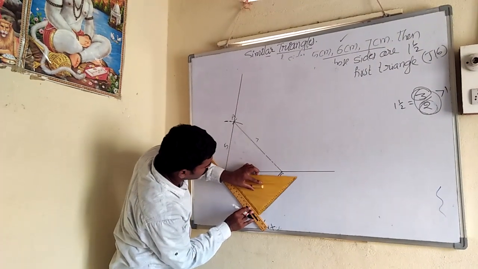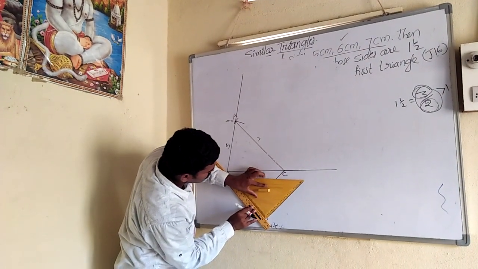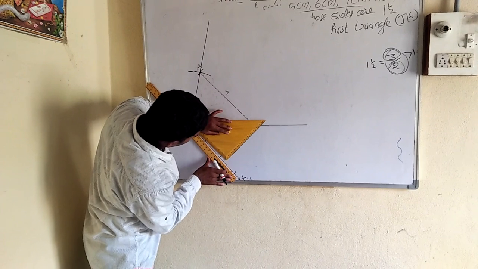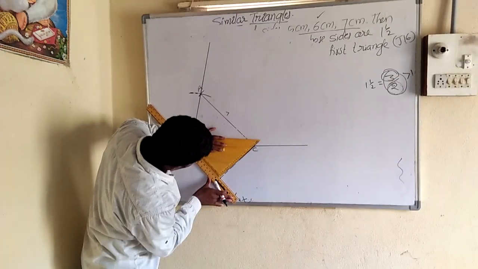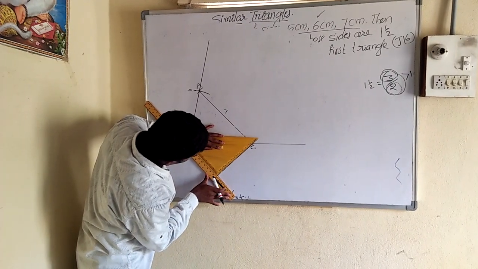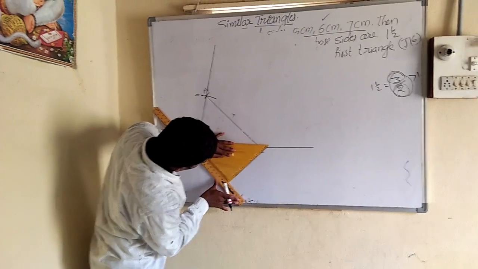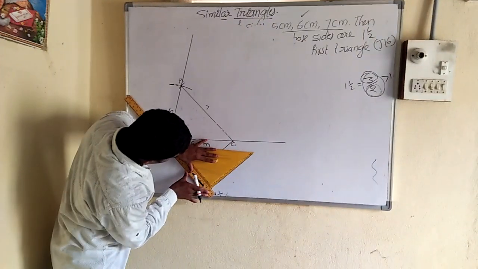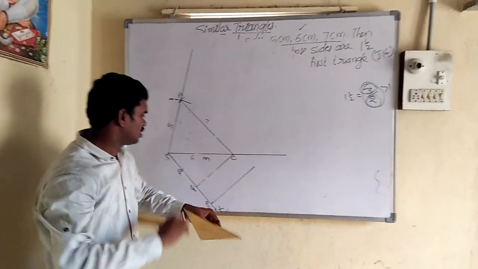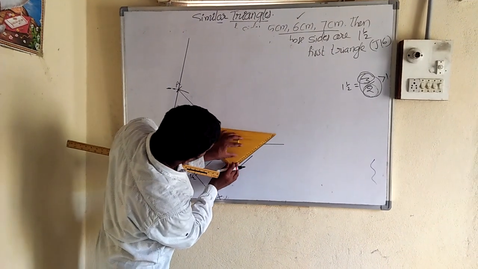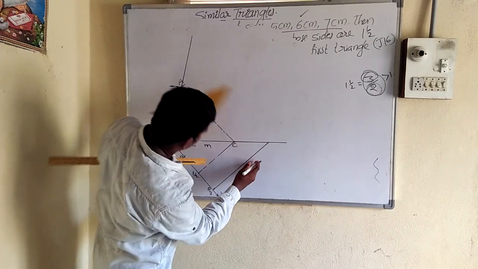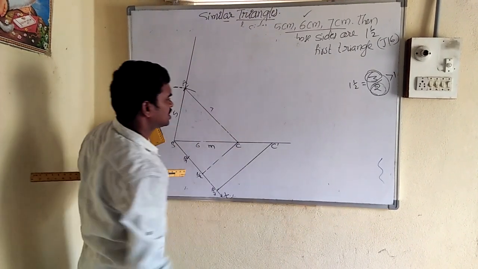So now moving to B3. B3 is here. I am keeping the line parallel to B2C, and our C means it is C dash.